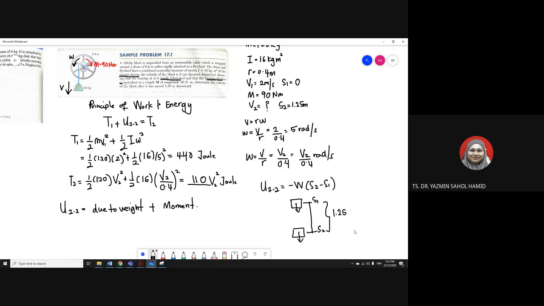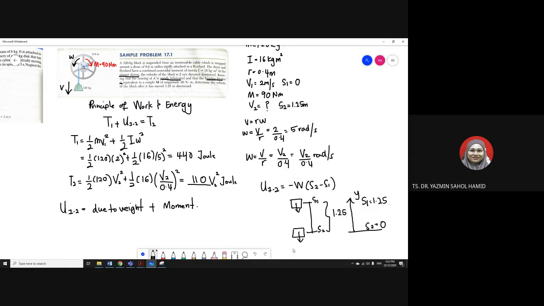So let's say according to height, the Y direction is upward and this is the bottom. So we can say that our S1 is 1.25 and S2 is 0.